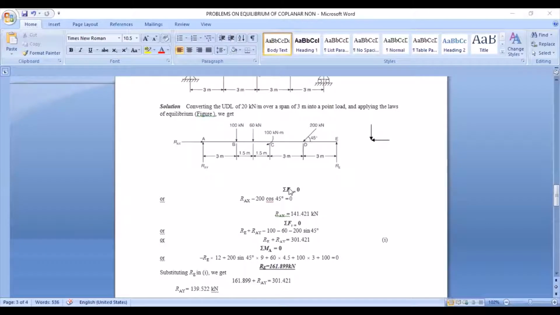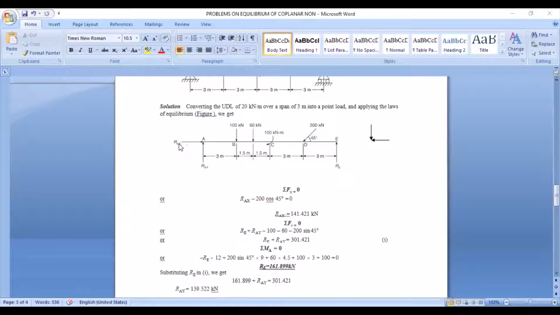So we will use the equation of equilibrium for horizontal forces, that is sigma Fx equals 0. For sigma Fx equal to 0, all forces acting rightwards are positive, leftwards are negative. Before applying this equation, let us see how many horizontal forces there are in the diagram. We have two horizontal forces: the horizontal component of 200 kilonewton and the horizontal reaction. No other horizontal forces.